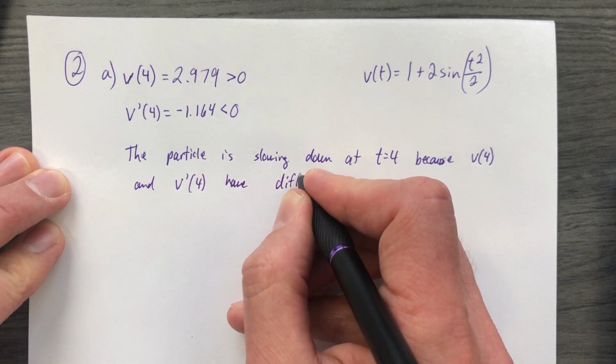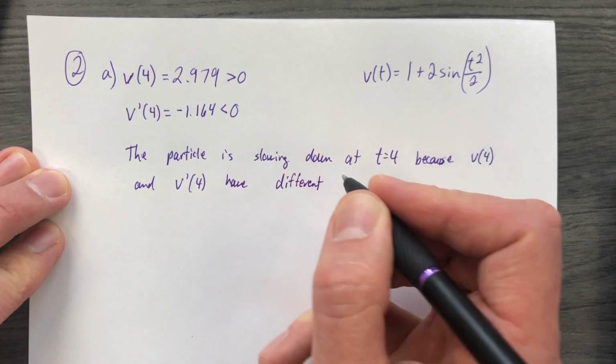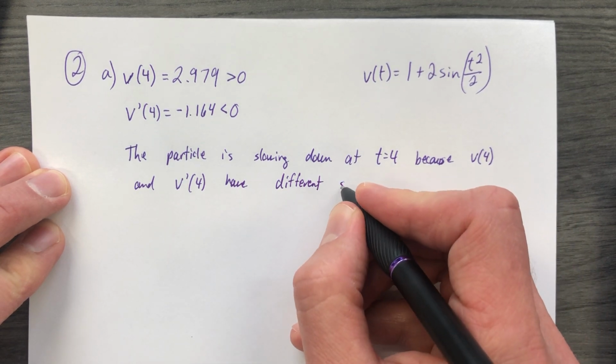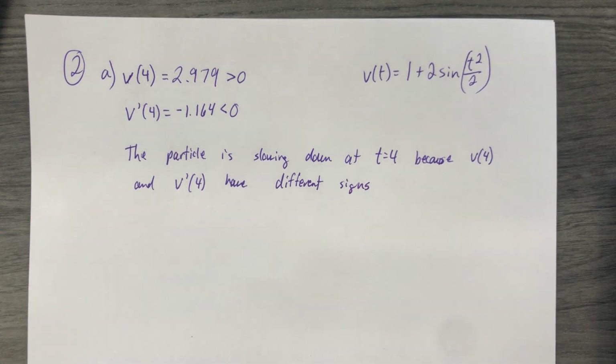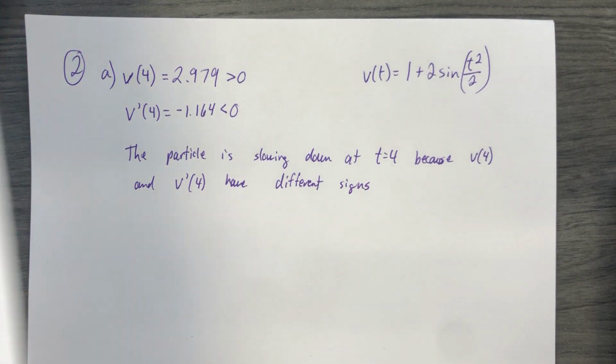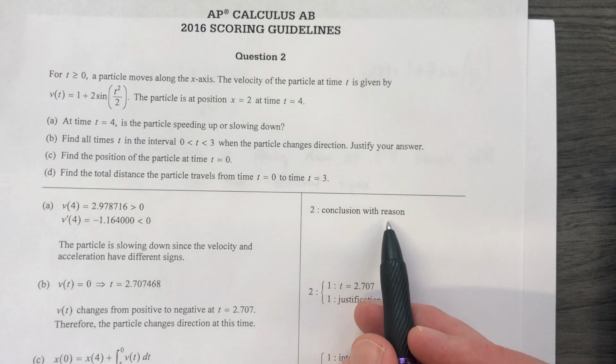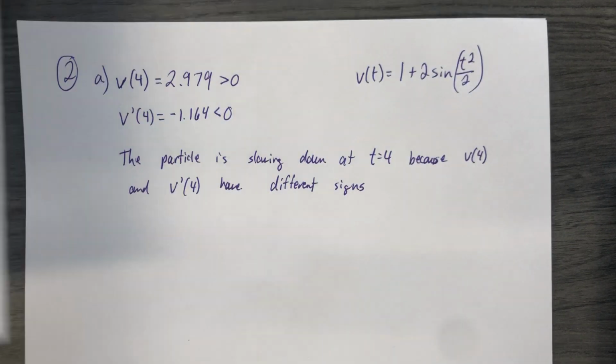They did not ask us to justify our answer, but I recommend you do, because I'm looking at the scoring guide already. Just a conclusion with the reason. So go ahead and say it.